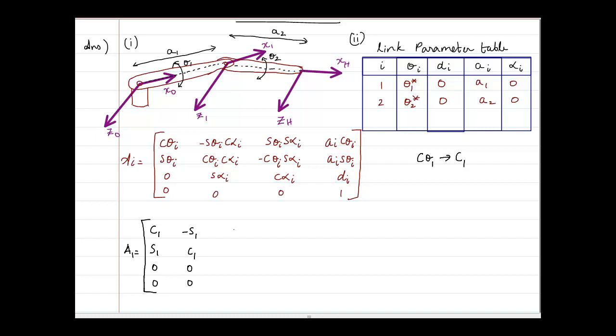Then the third row, sine of alpha is basically 0, so it will be 0, 0, and this one will be 1, finally 0. ai is a1, so it will be a1 cos theta 1, a1 sine theta 1. Then di is already 0 and 1. So this is a1.